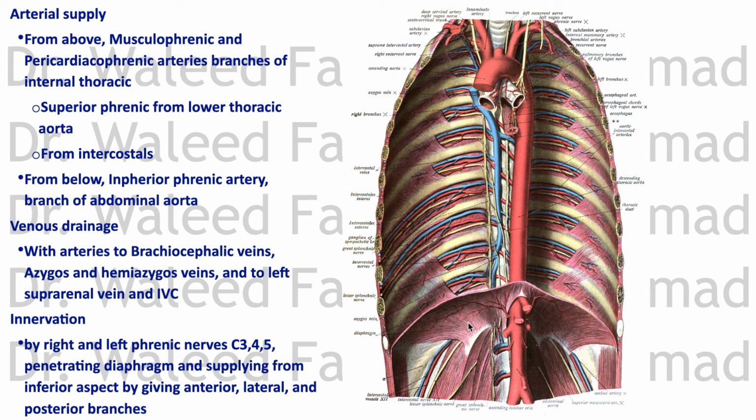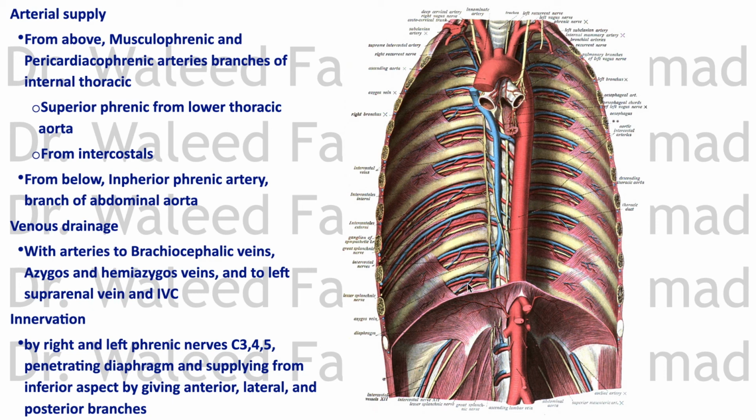Every nerve divides into anterior branch, lateral branch, and posterior branch to cover the muscle of the diaphragm. Sensory supply is from the intercostals that pierce the diaphragm at the periphery.